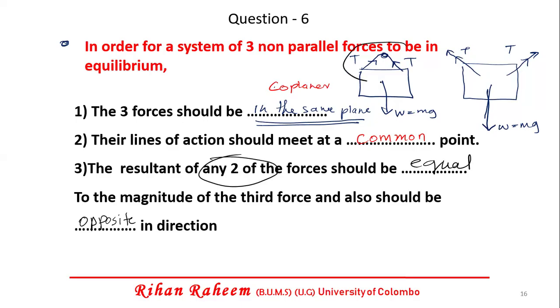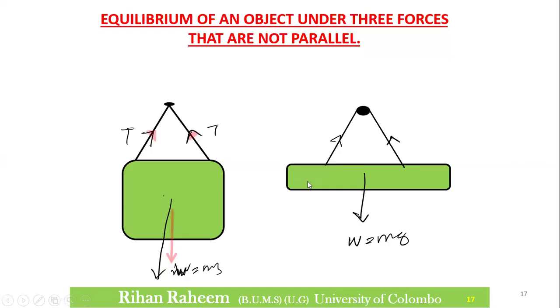That means you can take these two forces. The resultant of these will be equal to the third force in value, but the direction will be opposite. Now the thing is, in our syllabus, this angle calculation will not come, because whenever there is a force at an angle, there is a special A-level concept to do that.